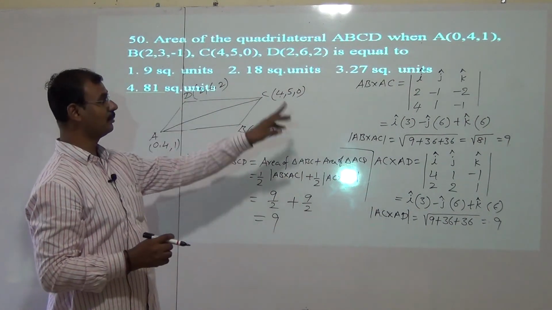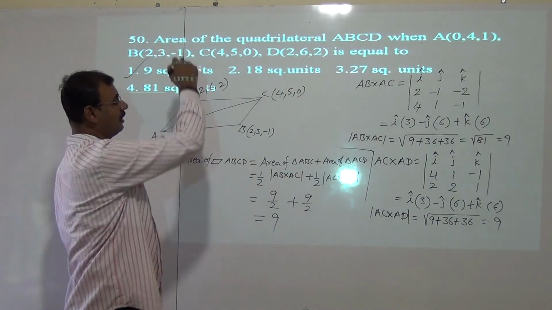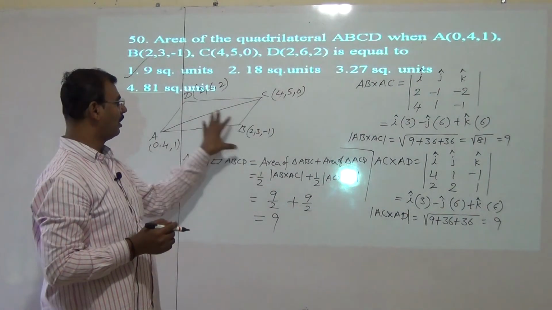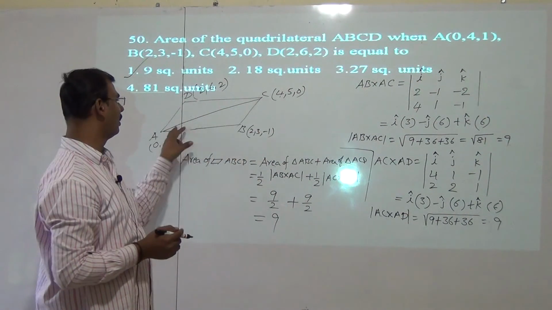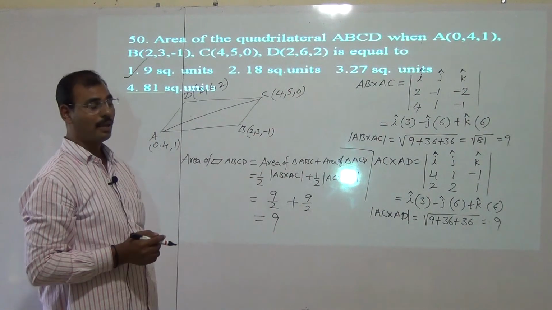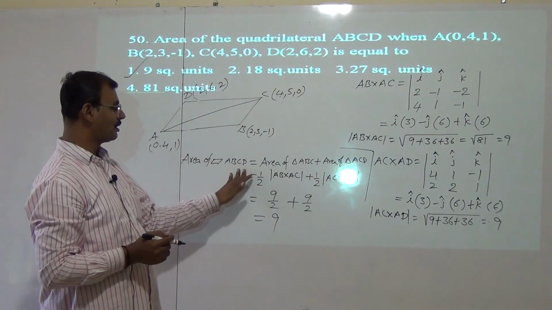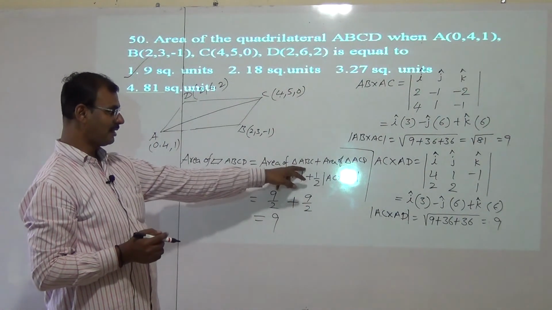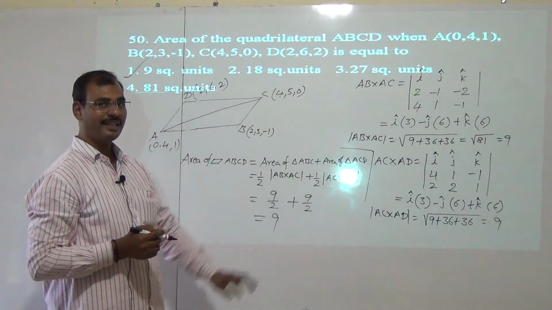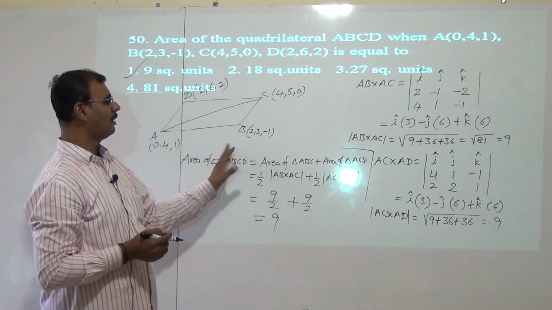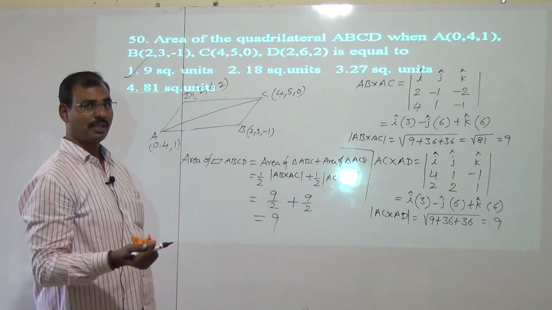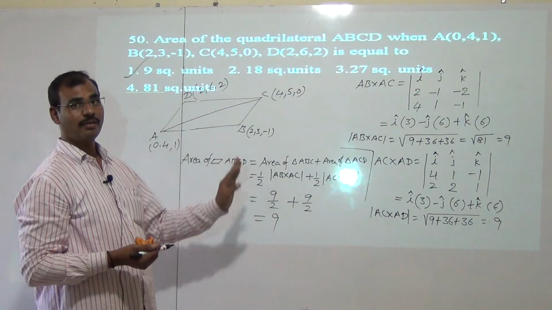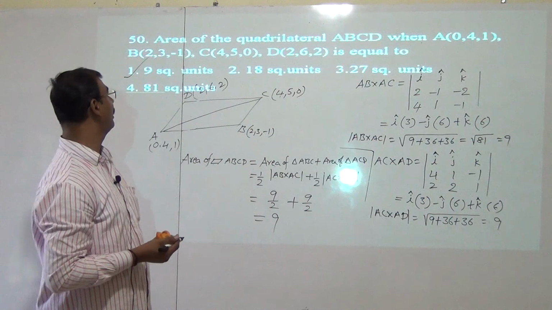Is it in our answer? Yes, the first one is the right answer. You can use any method; not only this method, you can also follow the geometrical method. Area of any quadrilateral is area of triangle ABC plus area of triangle ACD. Use this formula, by either the vector method or the geometry method. Is this question clear?